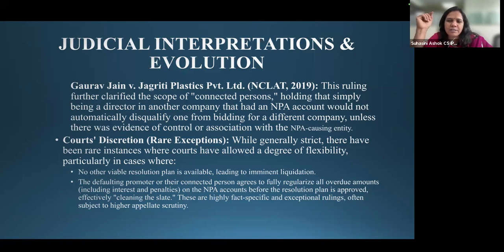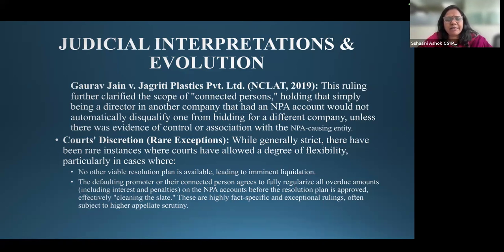Not only the NPA-causing entity, but they should also have a connected person who is controlling. Connected person means, again, go back to the definition under the Companies Act, who is also controlling the prospective resolution applicant.